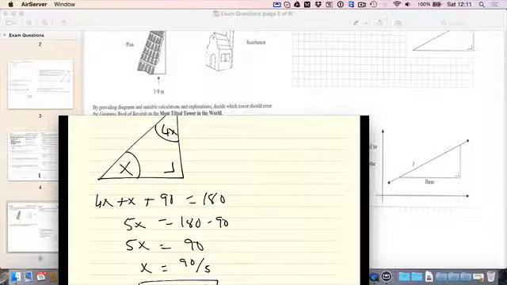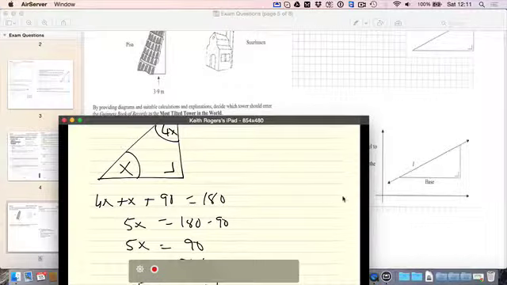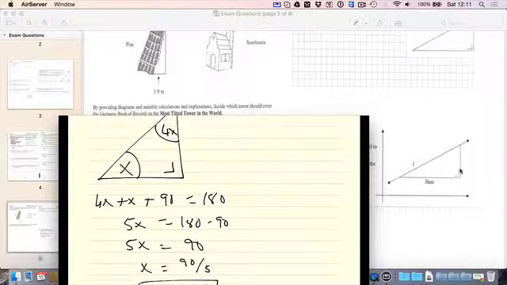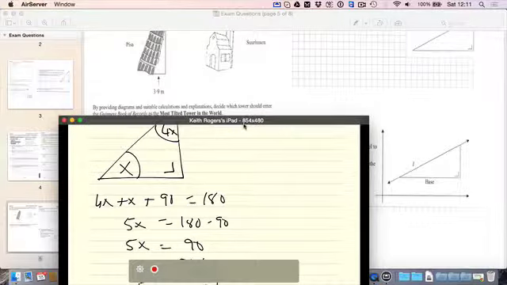Slope of the line is what? Rise over run? Is that what you said? Yeah. So maybe what they're looking for is you to find this side and that side and then put the rise over the run and get your angle. I'm not sure. That'll be interesting what you come back with on that one.